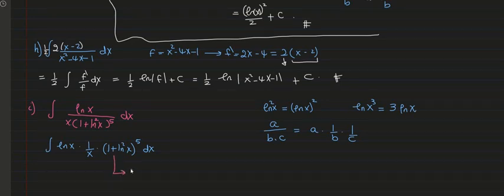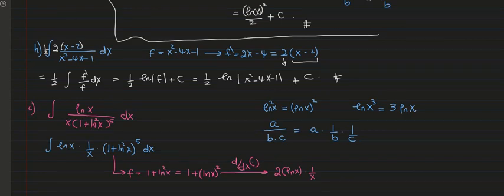So we suspect that f is what's inside the bracket, which is 1 plus ln power 2 x, which is equal to 1 plus ln x, all raised to the power of 2. Now if we want to find the derivative of that, the derivative of 1 is 0. The derivative of a bracket power 2, we drop the power and we update it by 1, and then times the derivative of ln x, which is 1 over x.